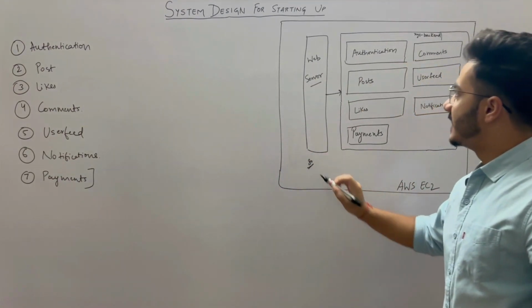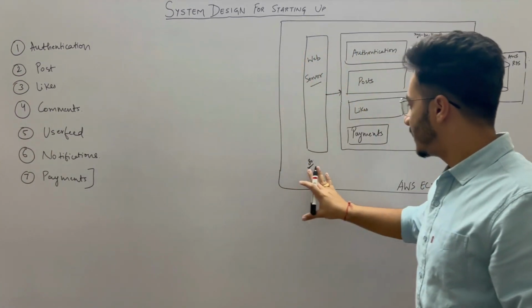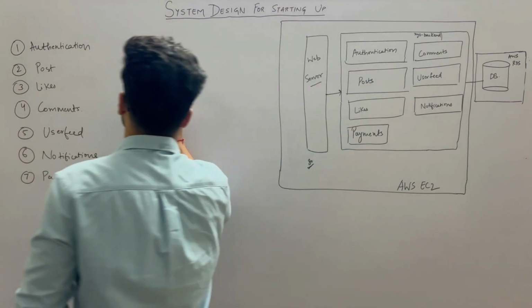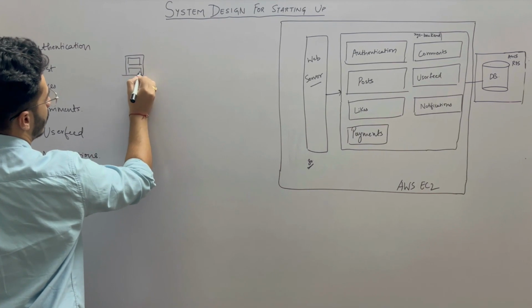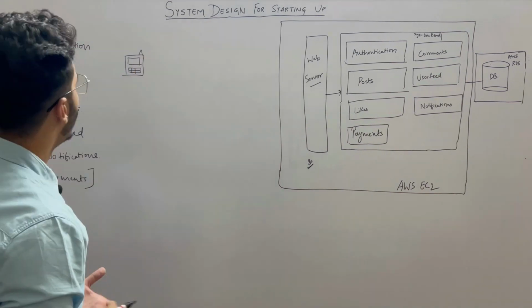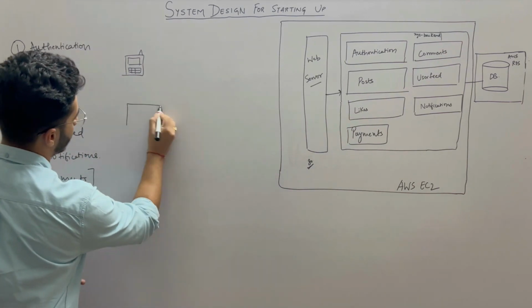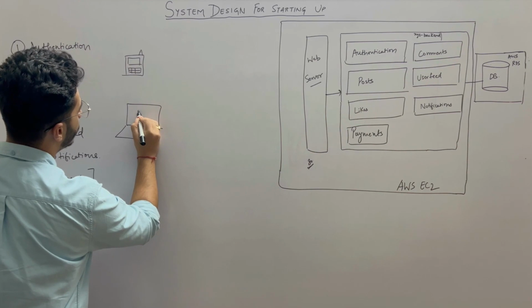So suppose you bind your application on port 80. This web server will start listening to port 80, and all your users can directly make a request. Users can make a request from their mobile phones, or from desktops, from their laptops and from their Chrome browser.